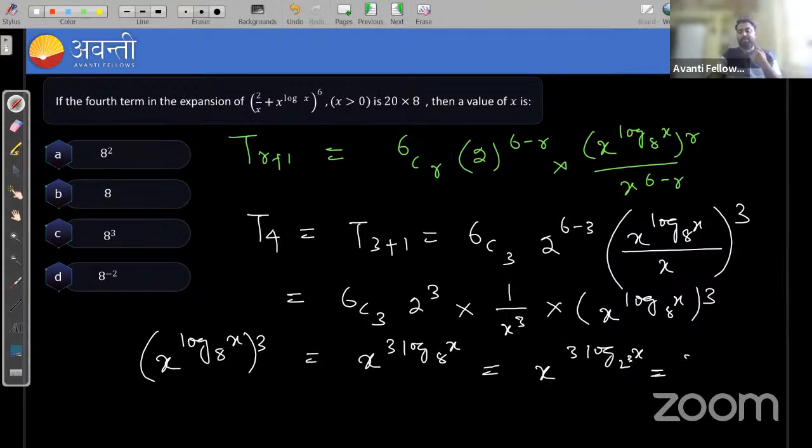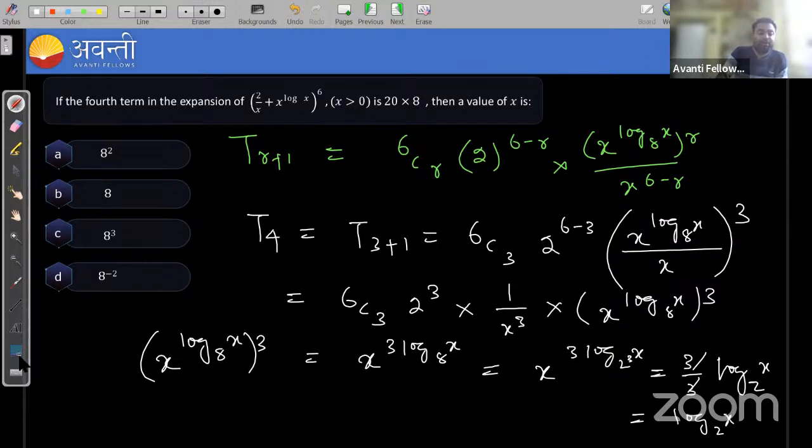So this becomes 3 upon 3 into log of x to the base 2. So the 3 will be cancelled out, and this will be log of x to the base 2, by using the logarithmic properties.